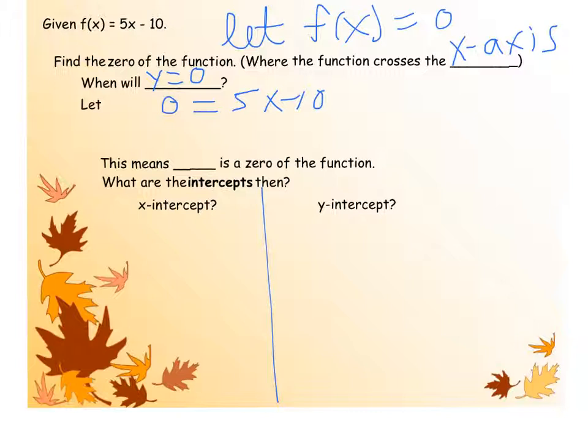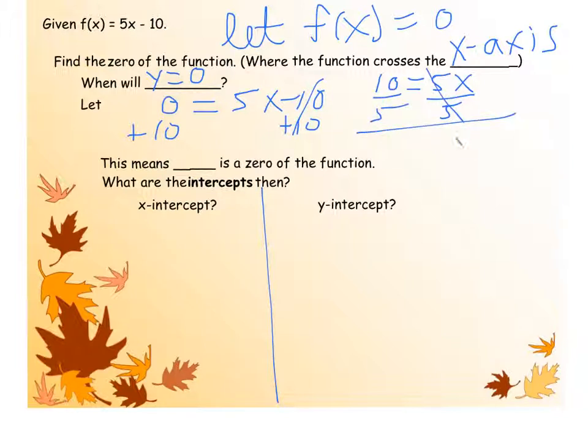Now this can be solved in 2 steps. I'm going to start by adding 10 and move over here to the right for the sake of space. I get 10 is equal to 5 times x, and dividing by 5, I get my solution that x must be 2 to make that true.